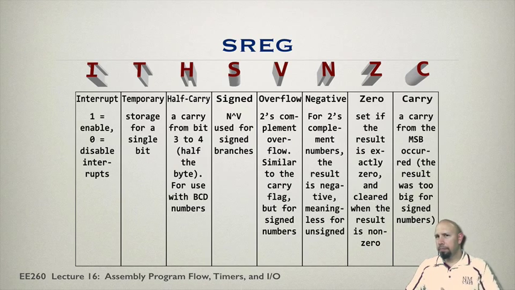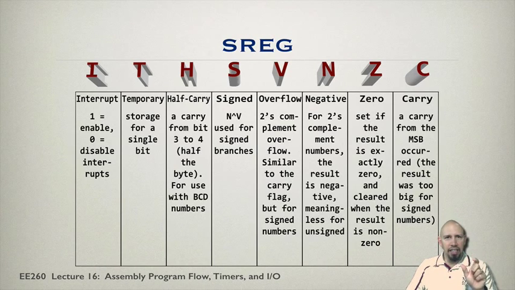There's the overflow bit. Overflow is kind of one of those unusual things. It's kind of like, what is it exactly? Overflow is something used for signed numbers, two's complement numbers. Remember, a single byte by itself is just 8 bits, but you can use that byte to represent signed or unsigned numbers. If it's used as an unsigned number, that means it is a positive number from 0 to 255.